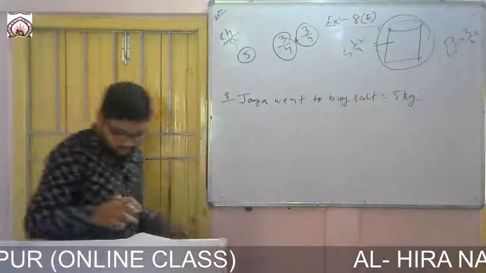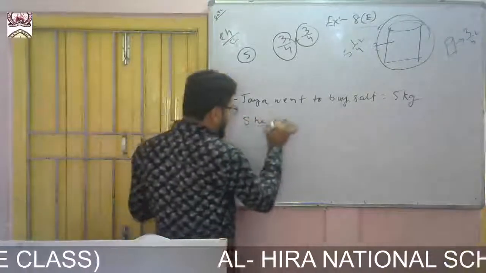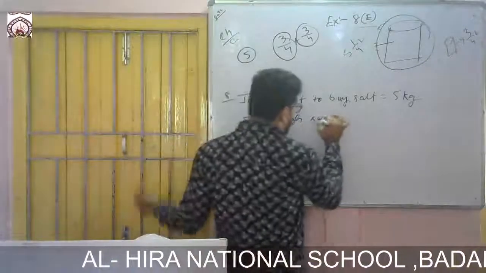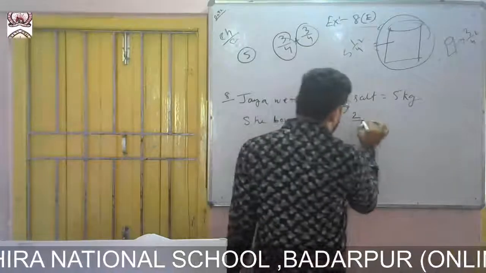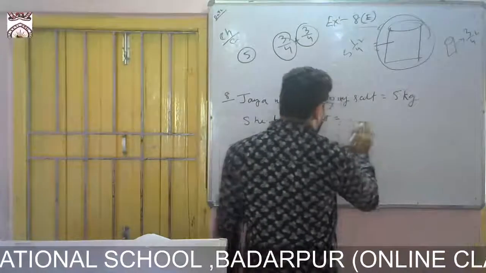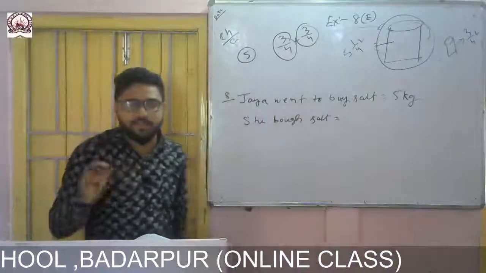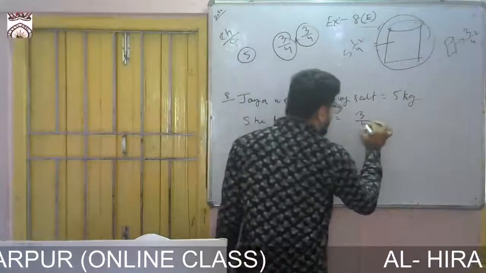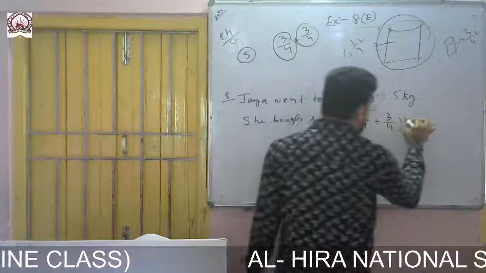So write: she bought salt equals 2 packets of 3/4 kg. 2 packets of 3/4, that means we'll add this, or multiply.